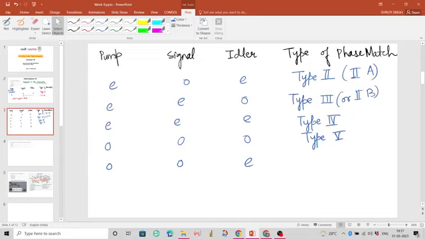So this EOO type of phase matching is considered as type 6, or 2B, it is the same, see it is OEE, it is EOO. So depending upon the crystal, whether it is positive or negative, these two can get exchanged. Or 3A.